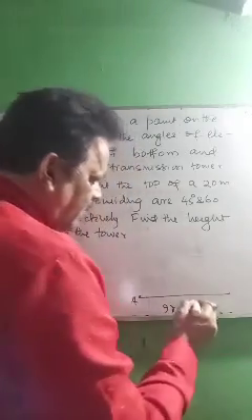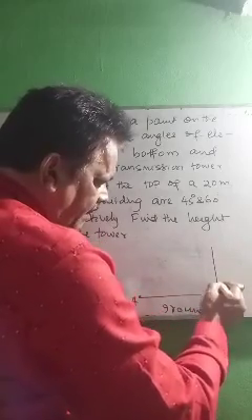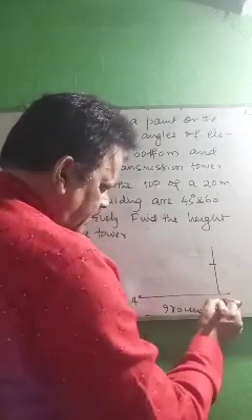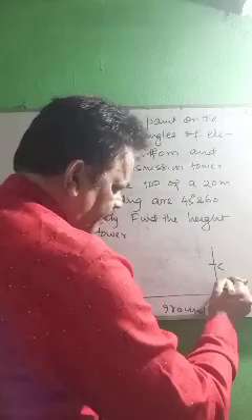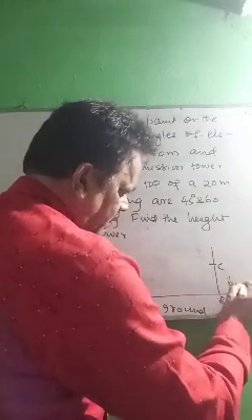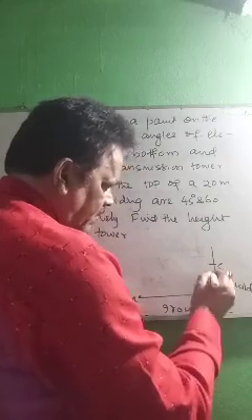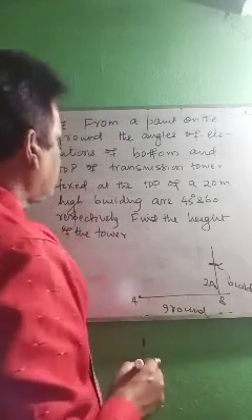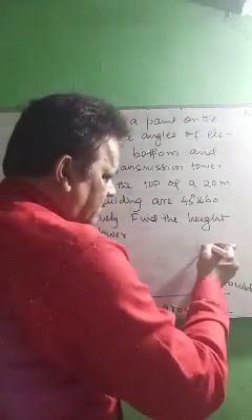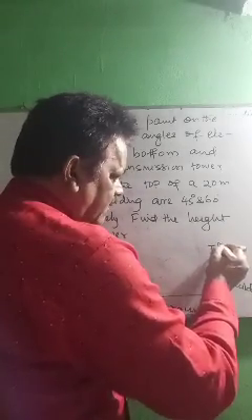Then there is a building, suppose BC. This is 20 meter. Okay. Transmission tower. Tower is which one? CD. Tower.